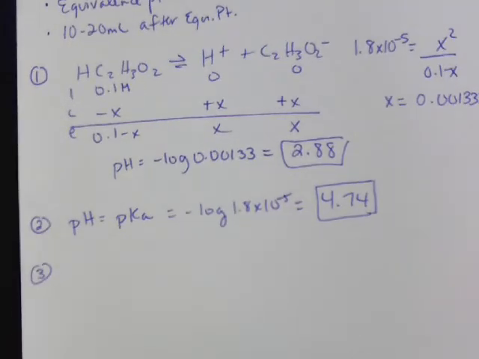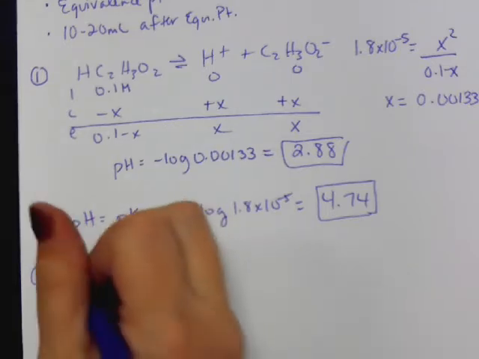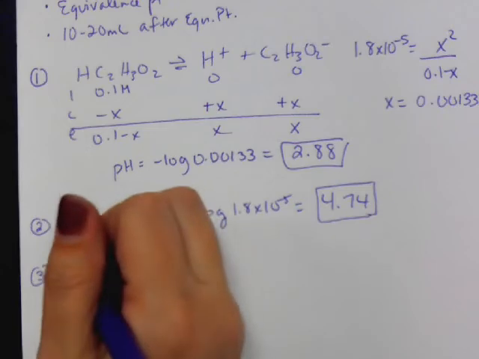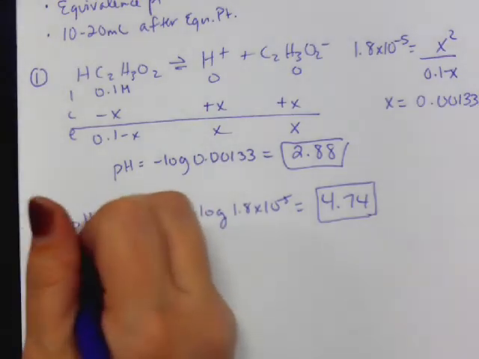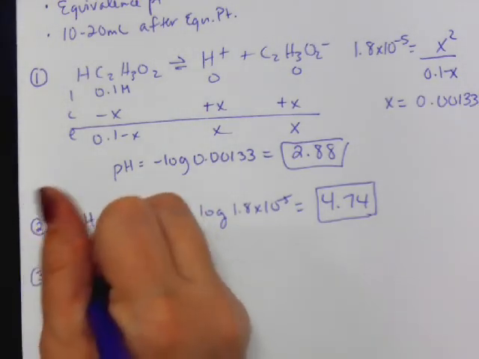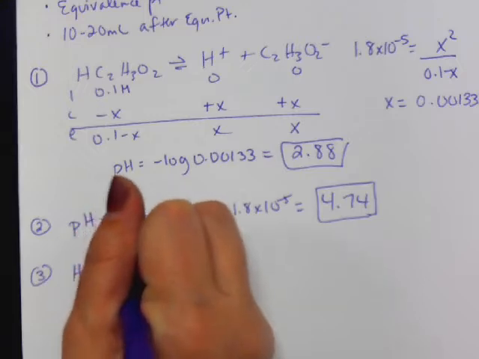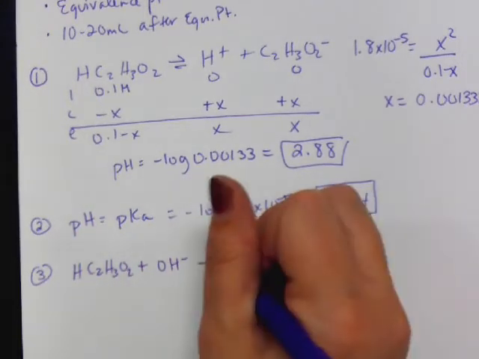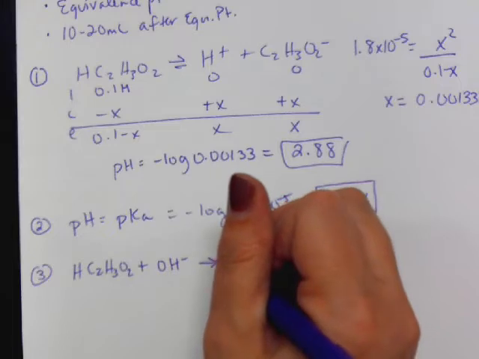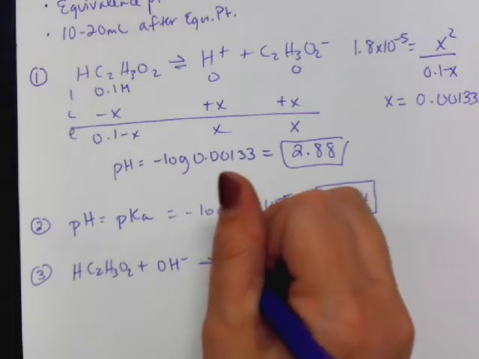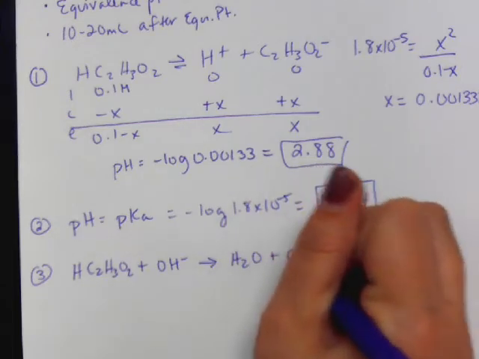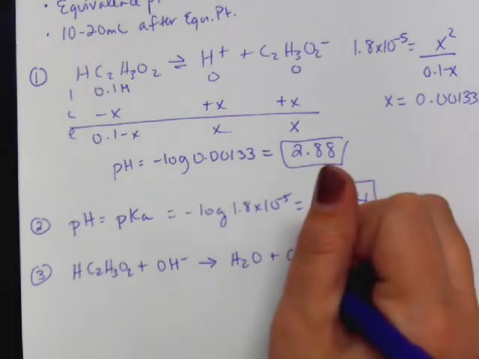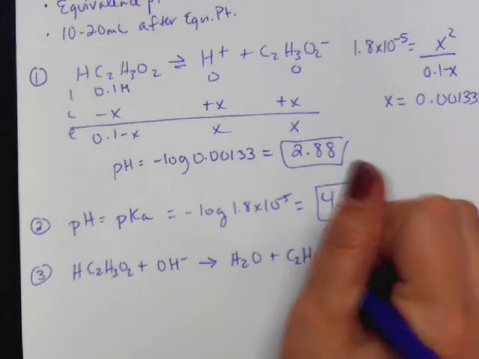So then the third point is our equivalence point, and this tends to be the most tricky point for calculating. So what we have is our chart, our acid. We'll set up our acid reaction with our base. In this instance, we have to determine how much is remaining. What do we have present? So we have our water, and then we have our acetate ion.